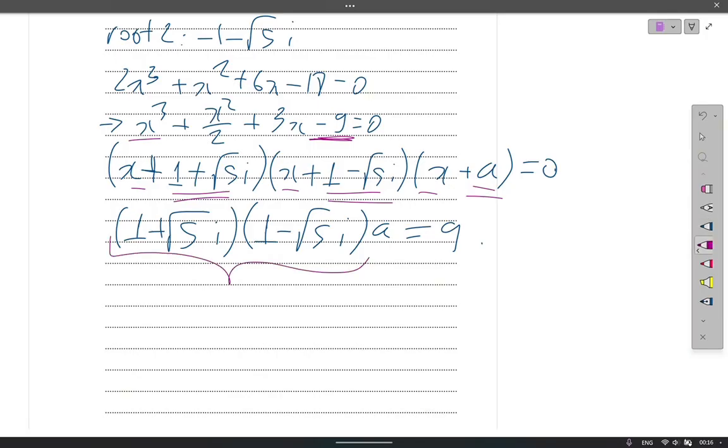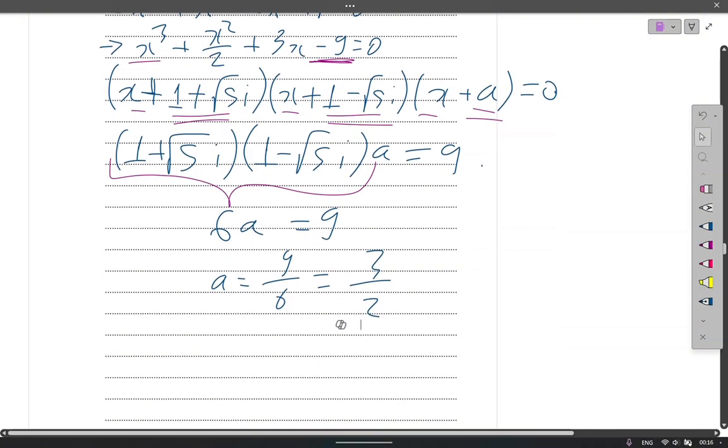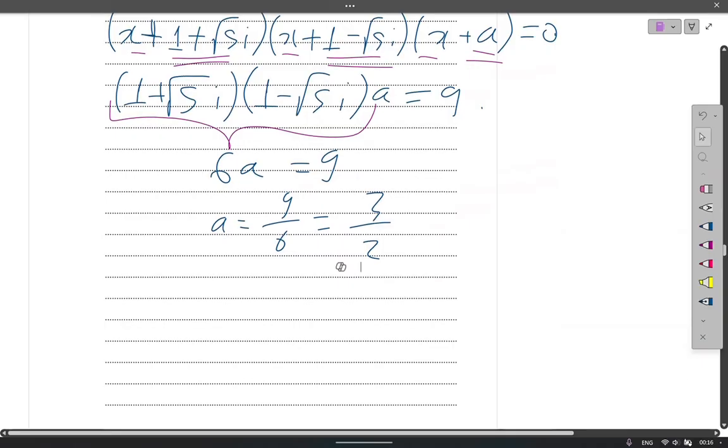And if you multiply this equation, it's actually just 6, positive 6, a equals 9, which is just 3/2. Okay.